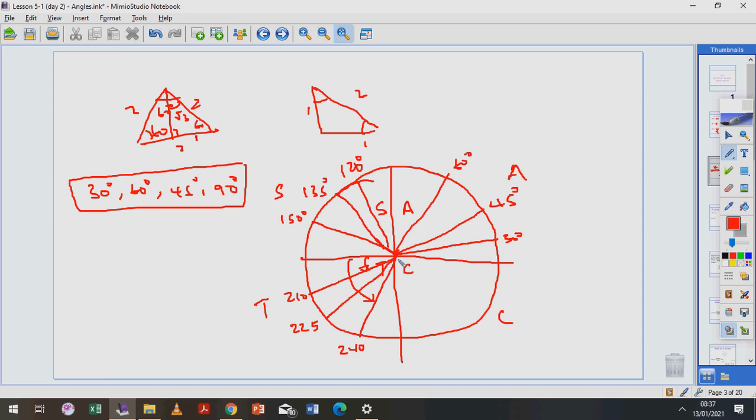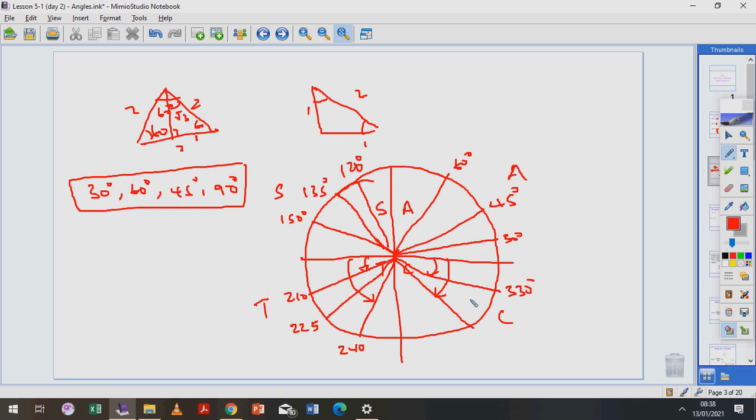In this quadrant, Mikhail, what's the coterminal angle to 30? 330. What's the coterminal angle to 60, Micah? So you just subtract 360 minus 30 gives you 330. I'm pretty sure it's the other one. 360 minus what?